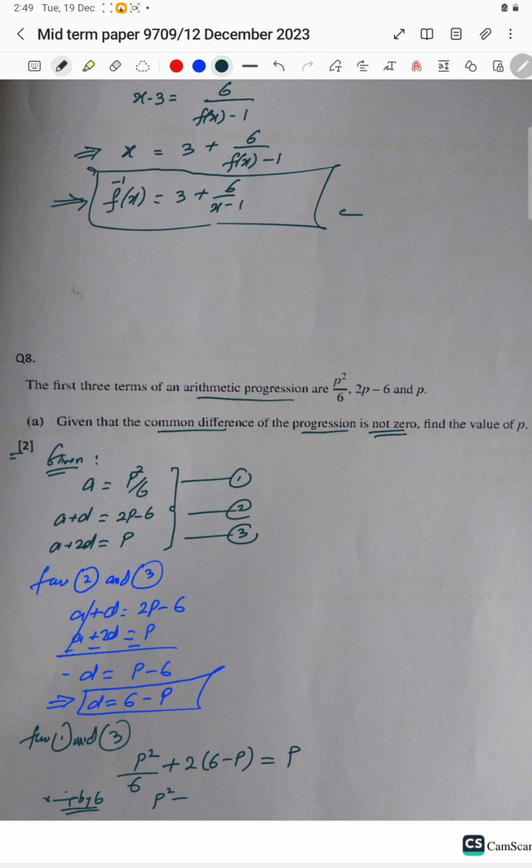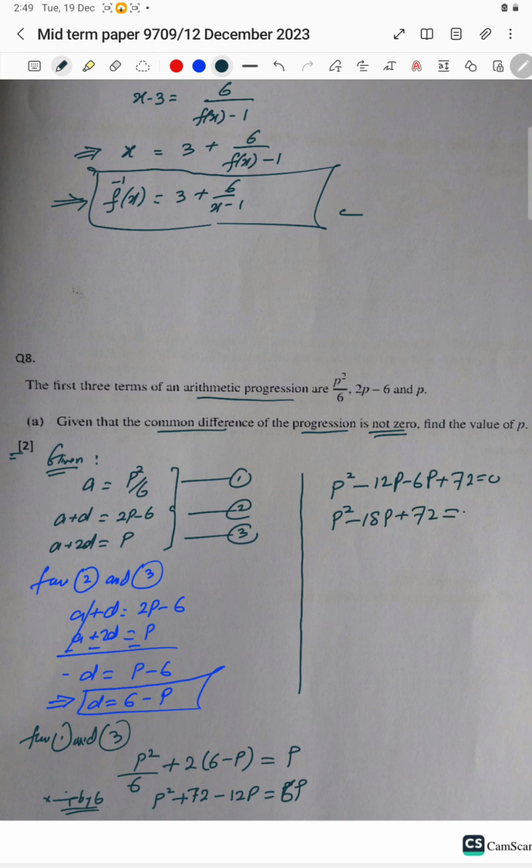Here we got p square plus 12 times 6, that is 72, minus 12p equal to 6p. Once you multiply this with 6, it becomes 6p, right? So I'll get p square minus 12p minus 6p plus 72 equal to 0, p square minus 18p plus 72 equal to 0. This is a quadratic equation.